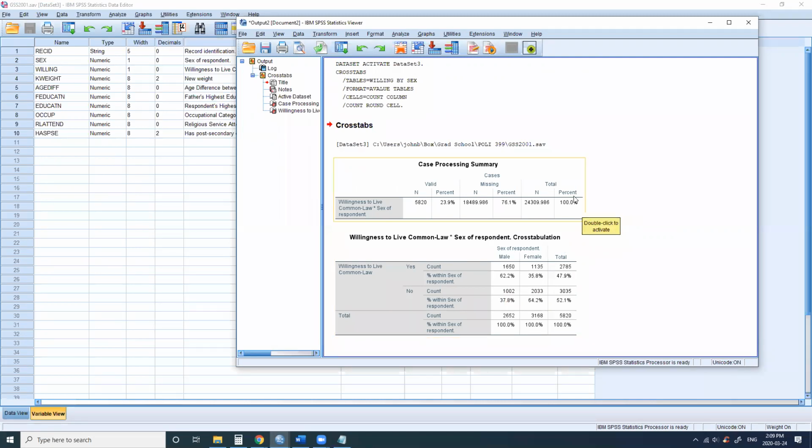But because we know that religious observance, religiosity, might also be related to willingness to live common law, we should probably control for that, just in case the gender gap is different at different levels of religiosity.